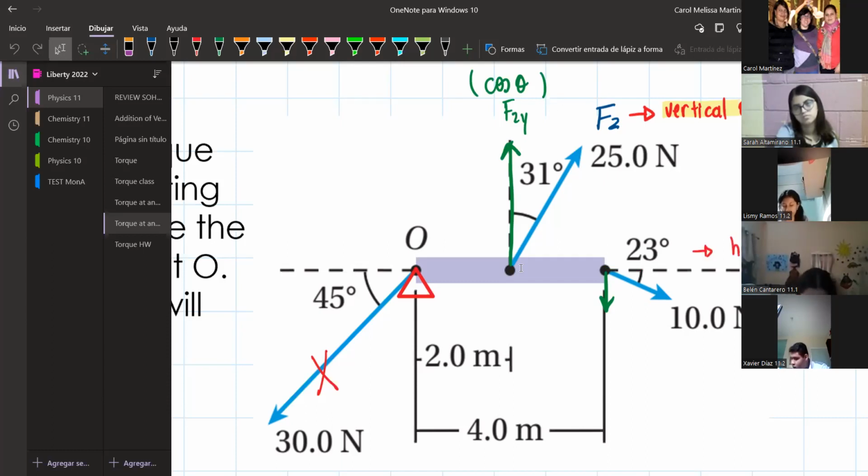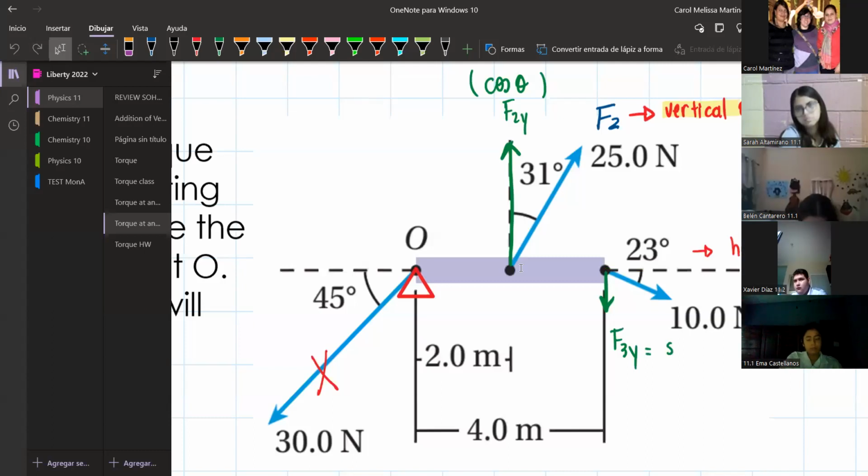So it's a horizontal angle. So because I'm gonna be using only the y component, F3y, I'm gonna be using what trigonometric function? Sine or cosine? Sine. Okay. So we already did the analysis.